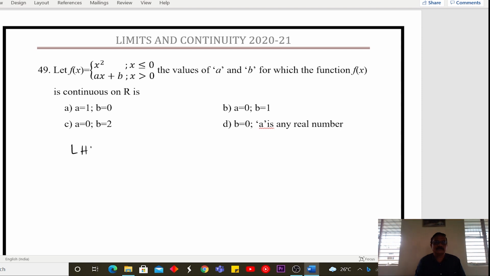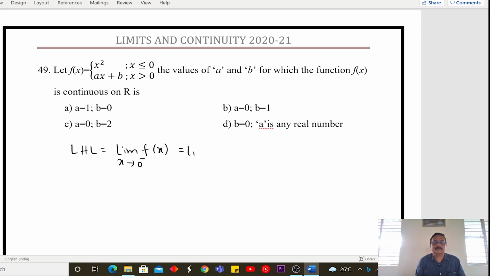Now LHL is equal to limit of f of x as x tends to 0 minus, that equals limit x tends to 0 minus, select the function f of x such that x is less than 0, corresponding value is x square. Okay, now put x is equal to 0, 0 square is 0.